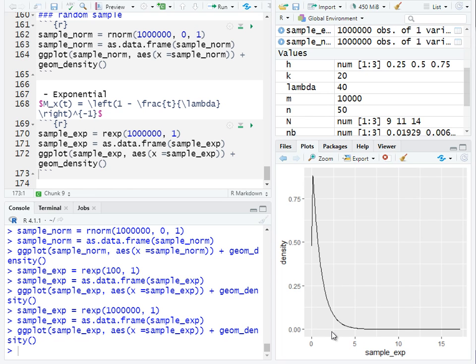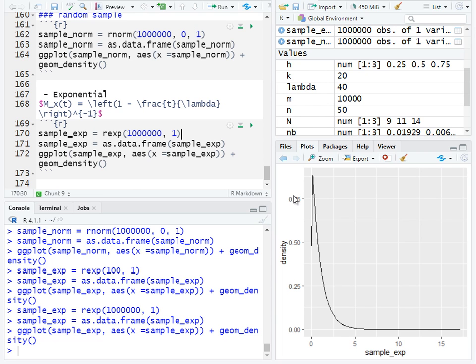Next point of interest is that we can simulate a sample of size n from the exponential distribution not only with this command rexp, but we can also use the uniform distribution to simulate it. How to do that?